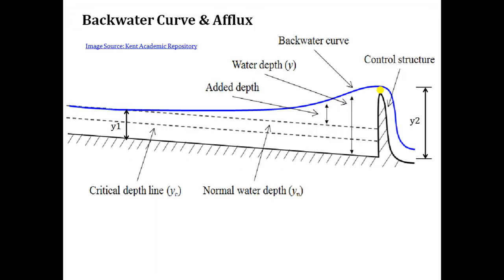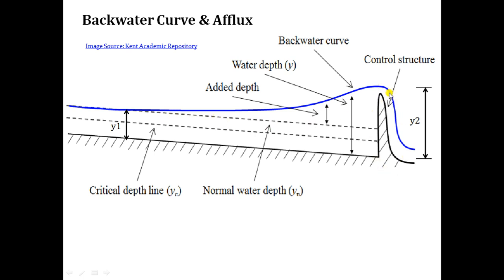Coming to backwater curve and afflux. Now, if there was no barrier in the channel, the water would have flown with a constant depth.